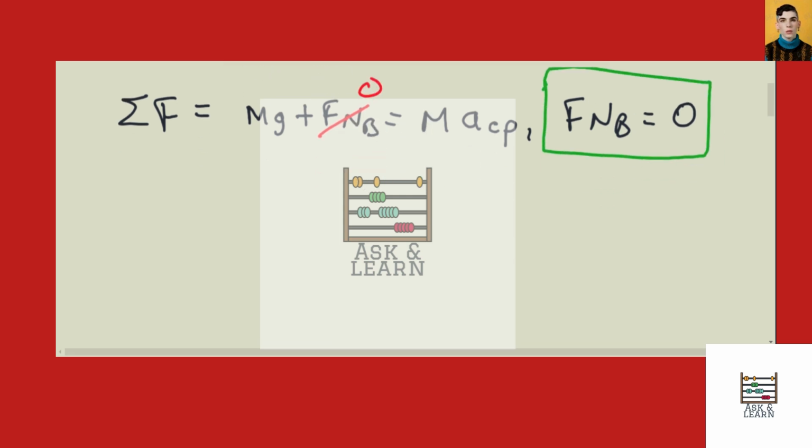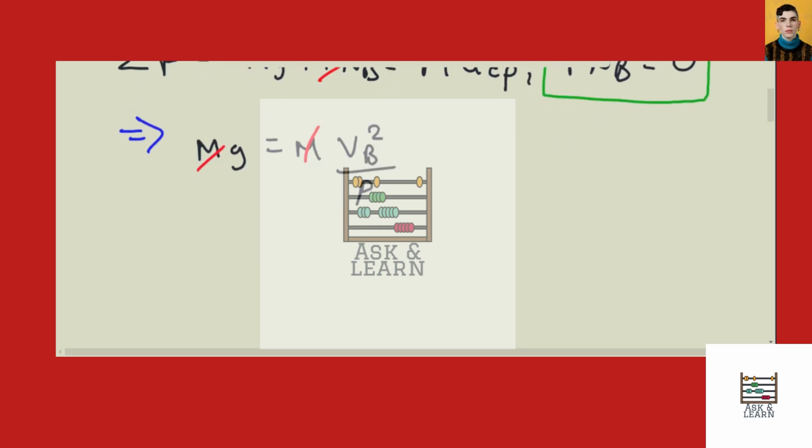And that's one thing we're looking for. So if we keep going, we have mg, the weight, is equal to mass times centripetal acceleration at B, which is VB squared divided by the radius of curvature, and that's also given to us. So it's half the height. We know that the masses cancel. So we solve for VB.